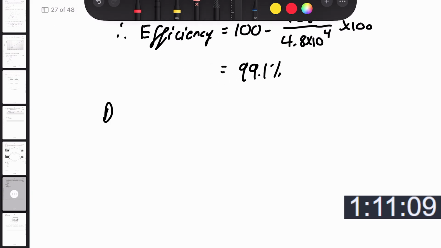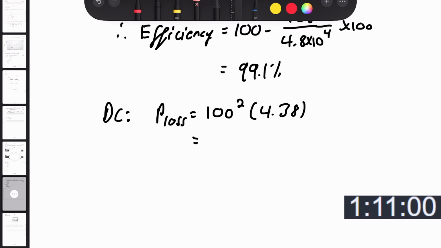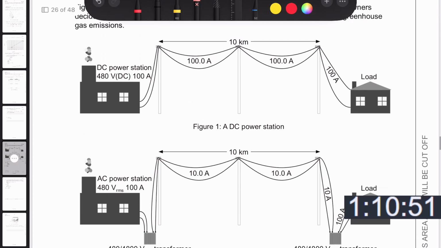Okay, and then DC power loss is going to be 100 squared times 4.38. So this is 43,800 watts. Yikes, that's terrible.